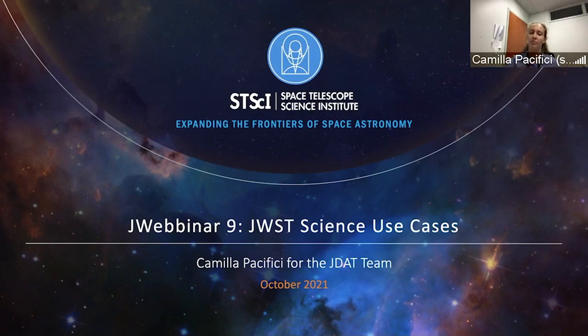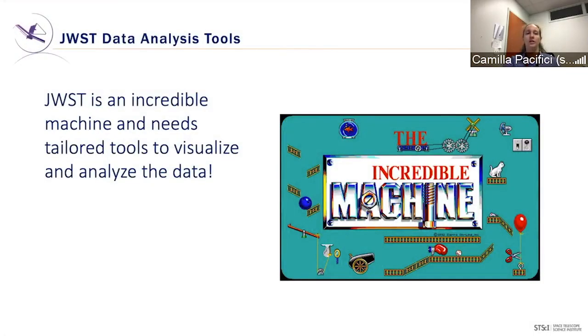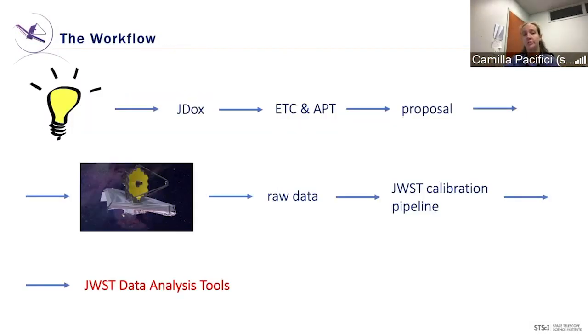So why all that? JWST is a complicated machine, and it needs tailored tools to visualize and analyze the data. If you have written a proposal or thought about writing a proposal, you know more or less what the workflow is. You get an idea, you go to JDocs, you look at all the modes and possible observations, and you decide what you need for your idea.